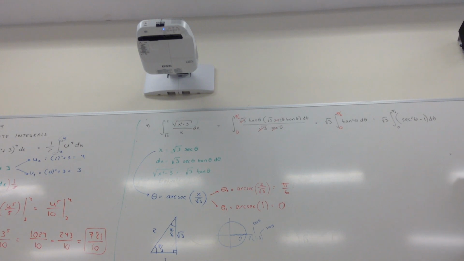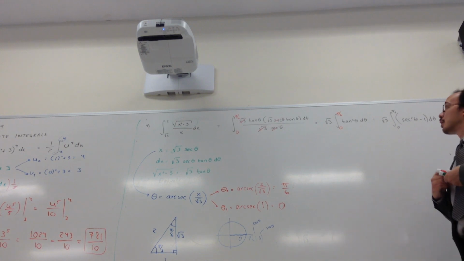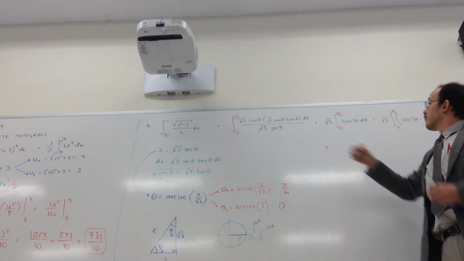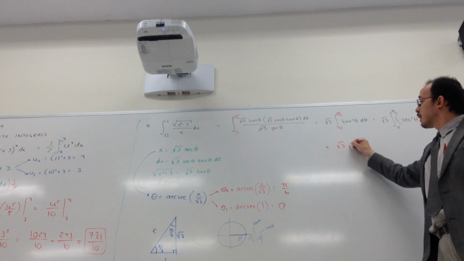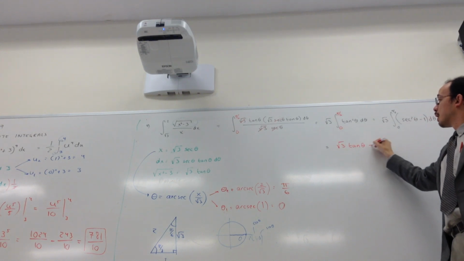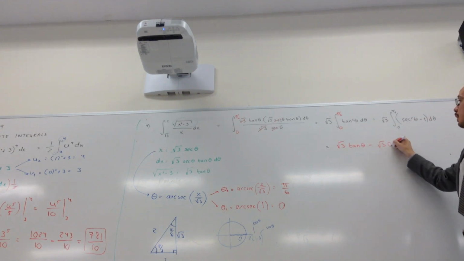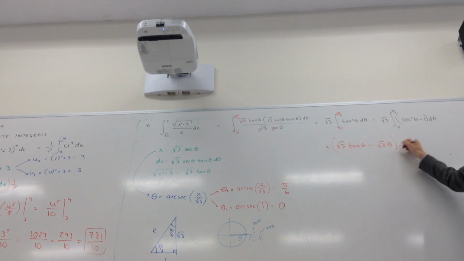Something like this was in your exam actually. So, the integral of secant square is tangent. So, square root of 3 times tangent minus square root of 3 times theta, evaluated from 0 to pi over 6. Yeah? Why this? Because of this. Why this? Because of the 1.